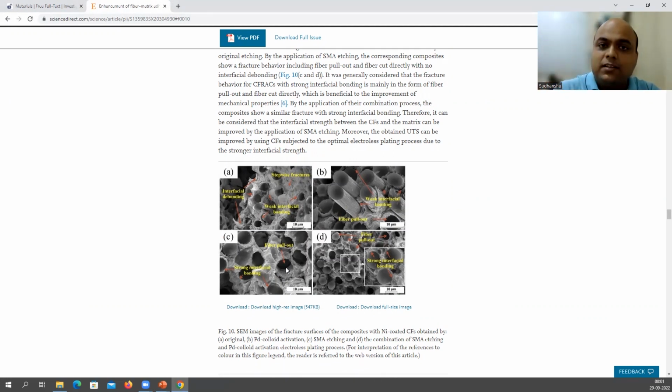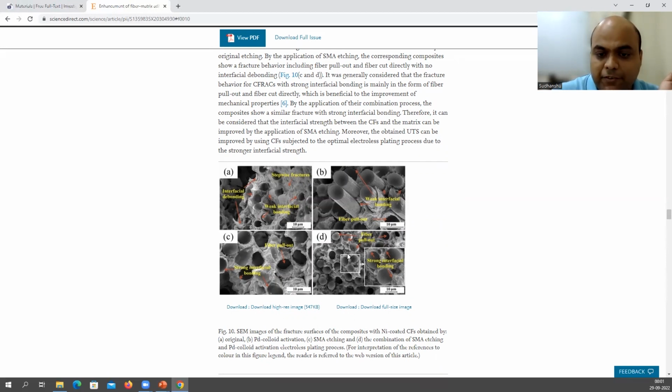So on the other side, you're going to see just the hole, because on the other side of the fractured sample, you're going to see fibers. So you can see these fibers are coming out, right? So you have two fracture surfaces, right? On one side of the fracture surfaces, you are going to see fibers coming out. On the other side, you are going to see a hole, which will correspond to each fiber which you observed on the other side of the fractured surface, right?